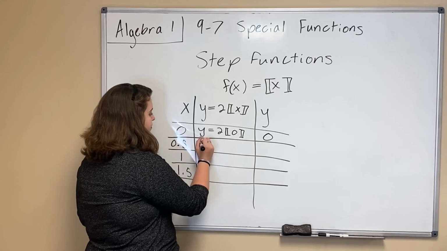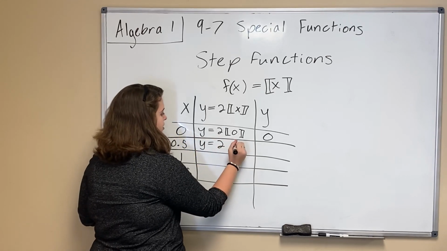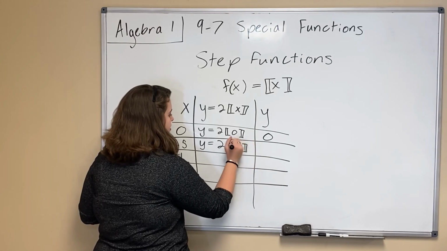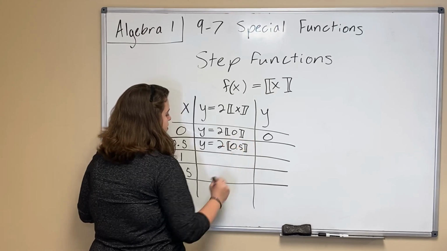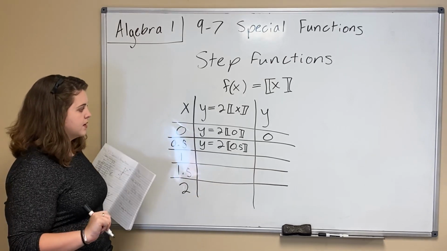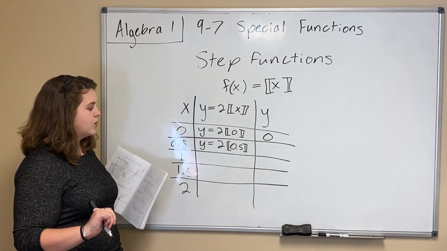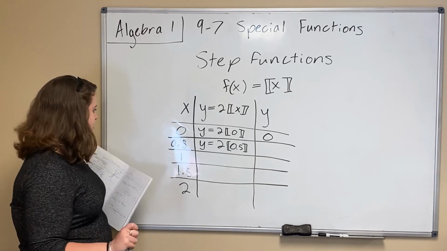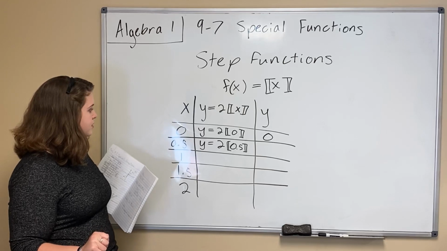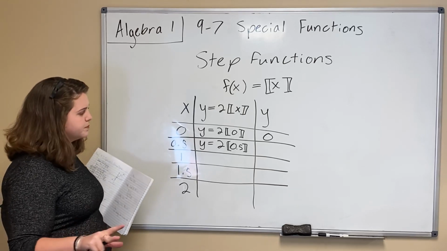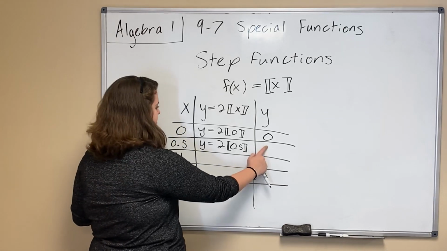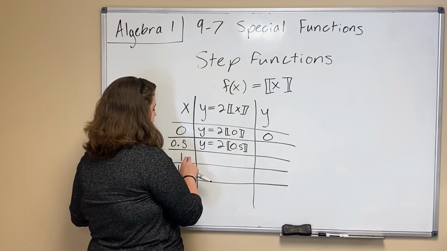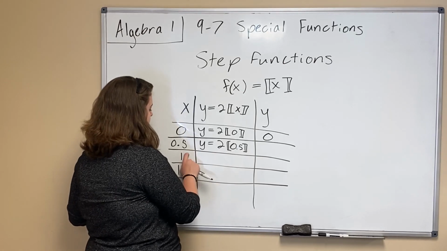When I do 0.5 though, y equals 2 times 0.5. What's going to happen is, because I can't have a decimal place, basically, our y value will only change once we hit another whole number in our x values.